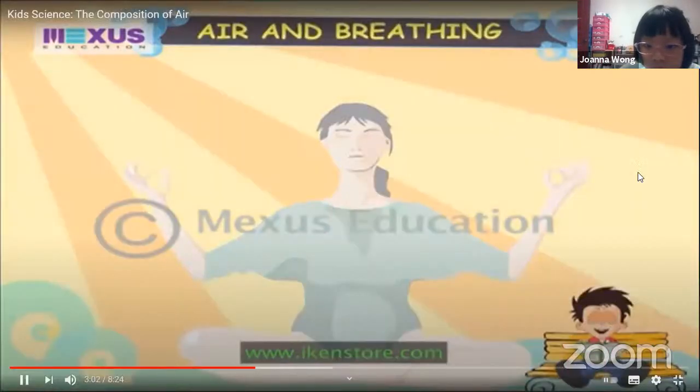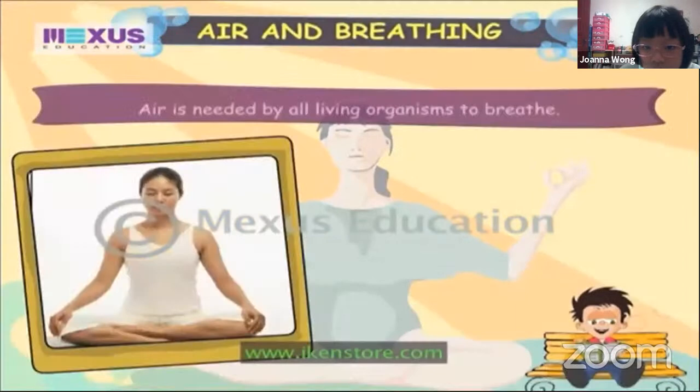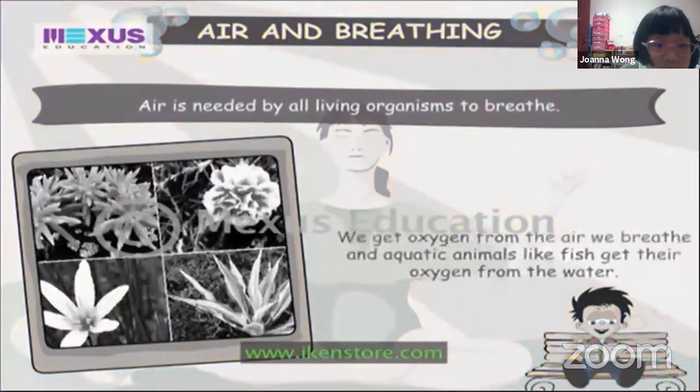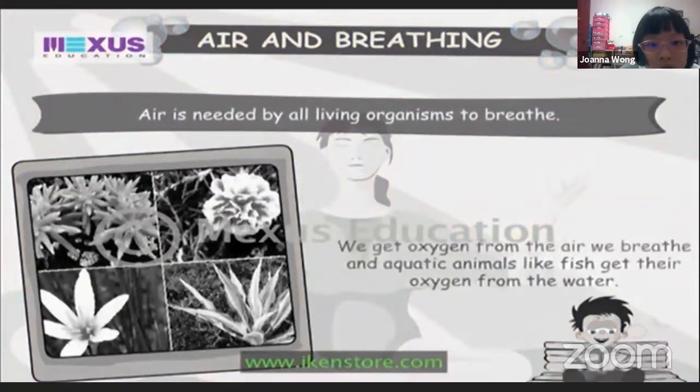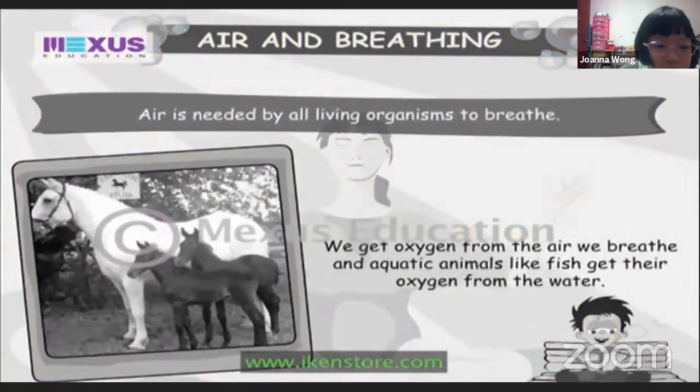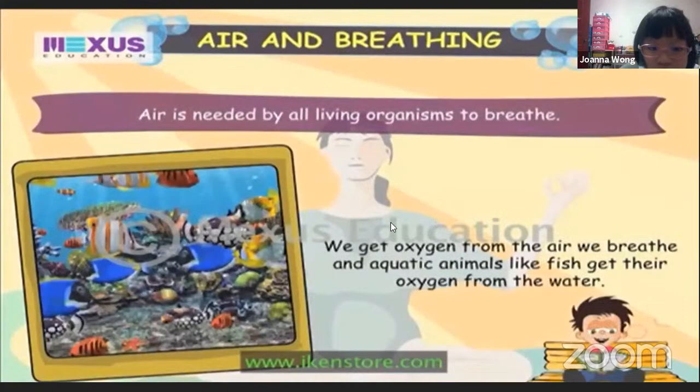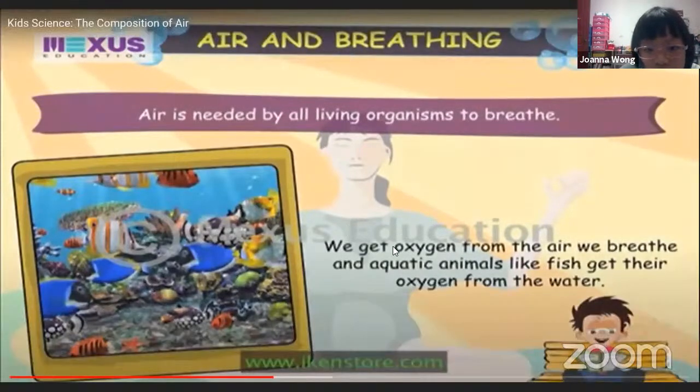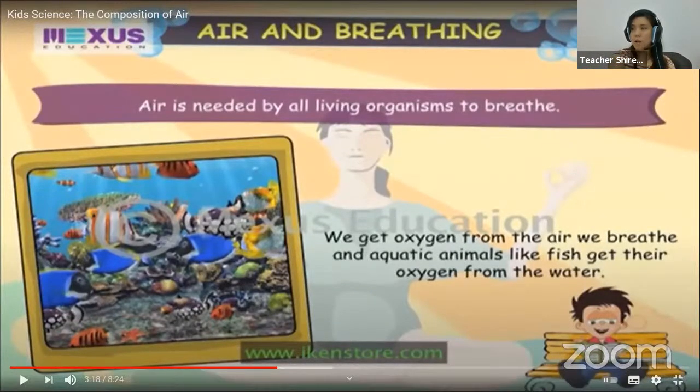Air and breathing. Air is needed by all living organisms to breathe. We get oxygen from the air we breathe, and aquatic animals like fish get their oxygen from the water. So you see, does it mean that the fish inside the water don't breathe? No, they do breathe as well, because there is also oxygen in the water.